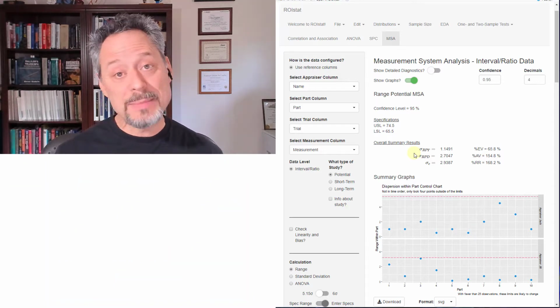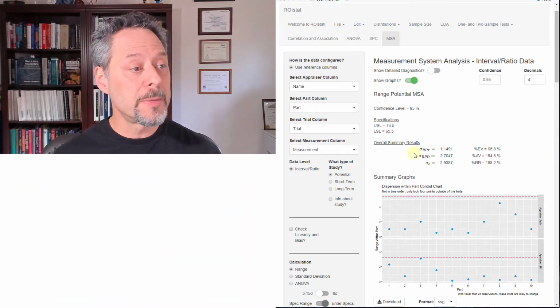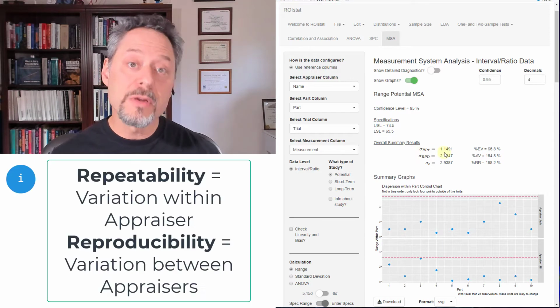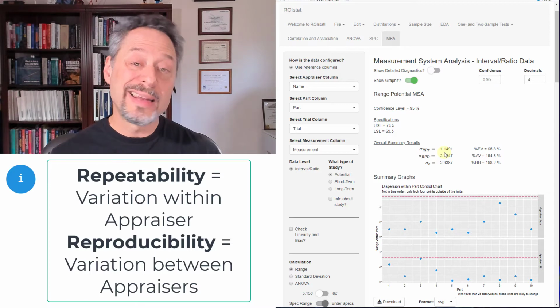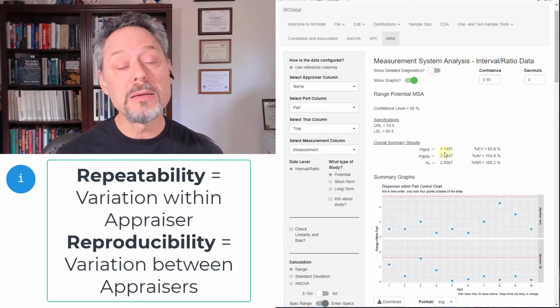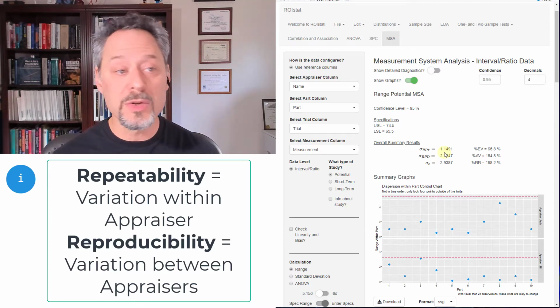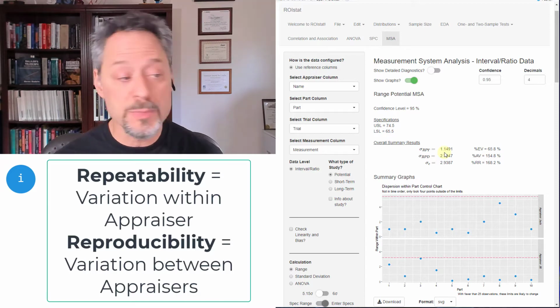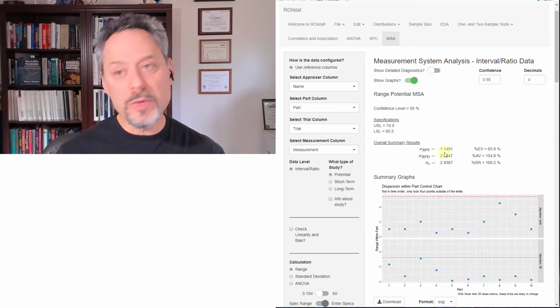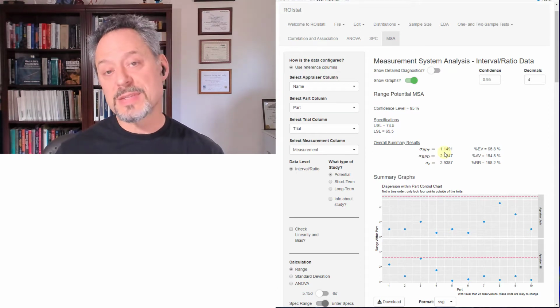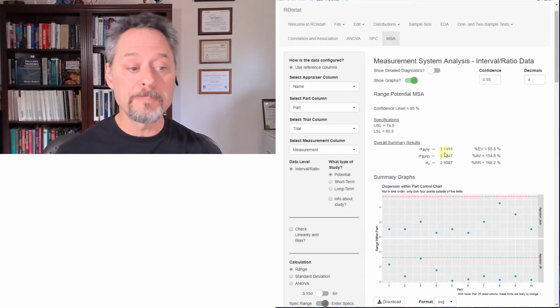So I'm measuring these same 10 parts 2 times for each person. Based on that, I've got a variability within part within appraiser that I'm going to be using to generate an average range within each of my appraisers, and then that's going to generate an average range across both my appraisers. The idea is if I'm measuring the same thing within one person, I'm doing it pretty much the same way over and over again.